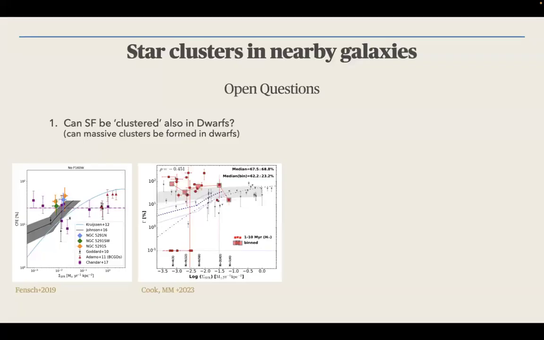So even if they are low density, they form a lot of mass within clusters, in both of these two studies. So it's not clear if star formation can really be very clustered in dwarfs, and if very massive clusters can be formed in dwarfs, and under which circumstances.